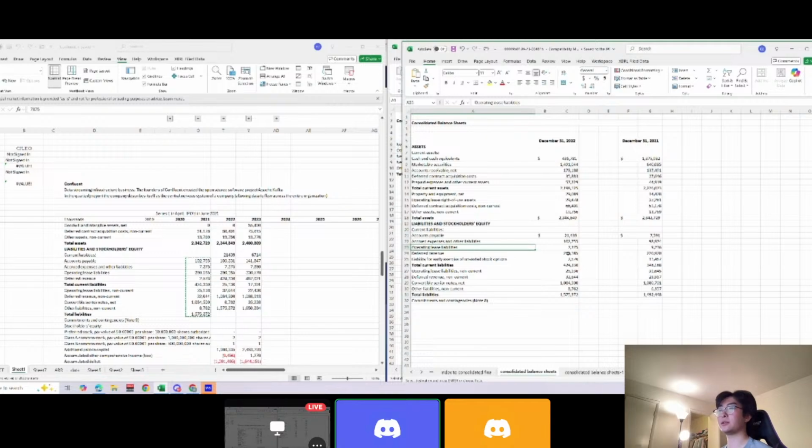Operating lease liabilities, deferred revenue, liability for early exercise of unvested stock options. I would imagine that probably does not. How does that even affect this company, right?